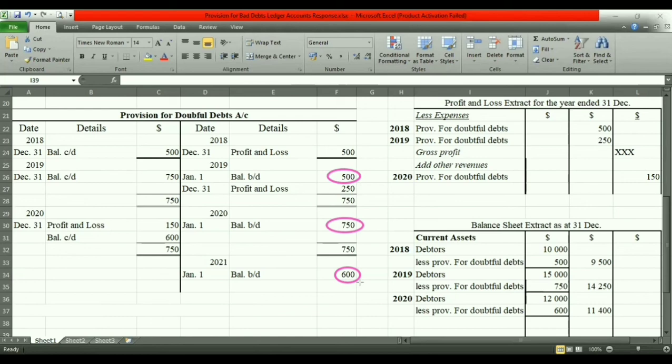So in your workings, you calculated the balance in the account, as well as you have indicated whether there's an increase or decrease in value. If there is an increase, remember you show this as an expense. So therefore your provisions account is credited while your profit and loss account is debited. If there's a reduction, the difference is entered in your provisions account as a debit entry and in your profit and loss account as a credit entry, because you're reflecting this as a revenue.